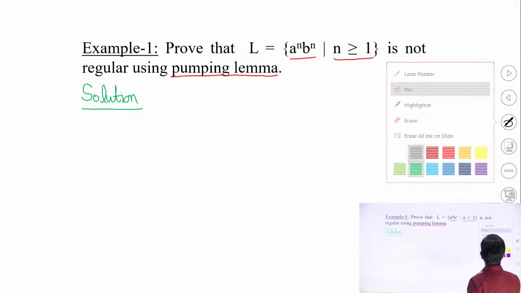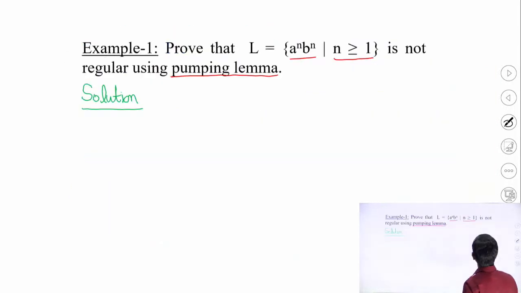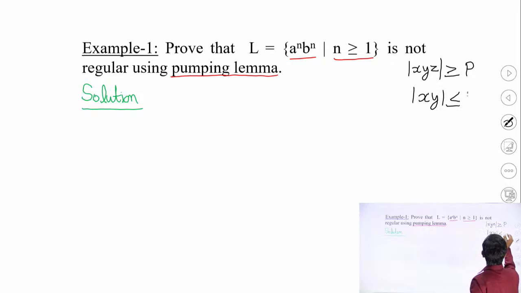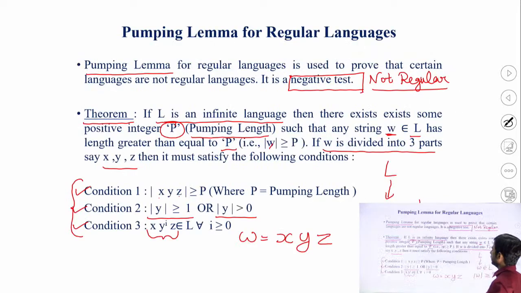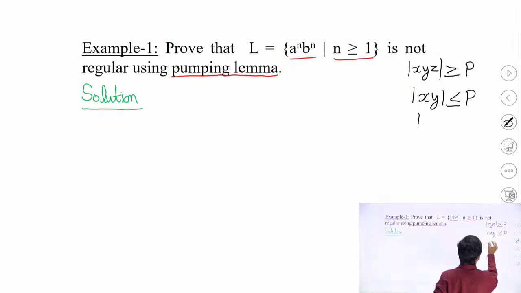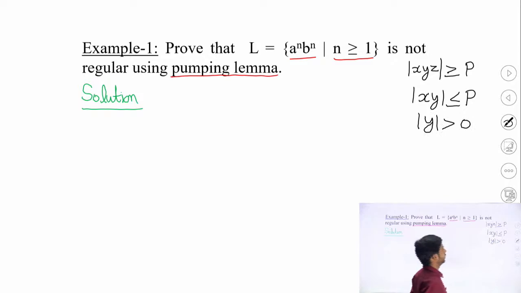So let's write here these conditions. Mod of x, y, z is greater than or equal to p, where p is the pumping length. Second condition is mod of x, y is less than or equal to p, and the third condition is mod of y is greater than 0.